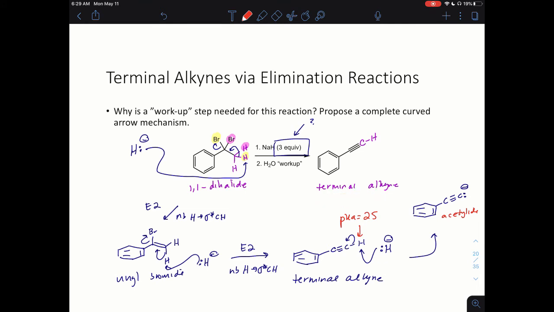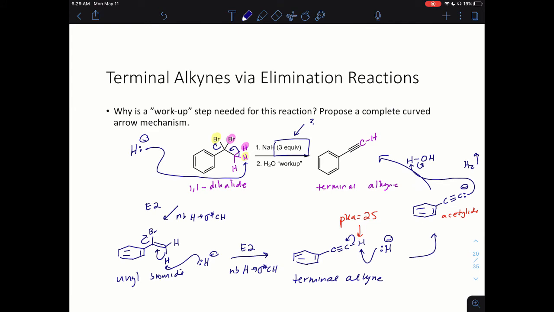So once you have generated the acetylide ion, then we just do the workup. So we do an extraction, or we add acid, or we neutralize in some way. In this case, I've used water, and that generates the terminal alkyne product.